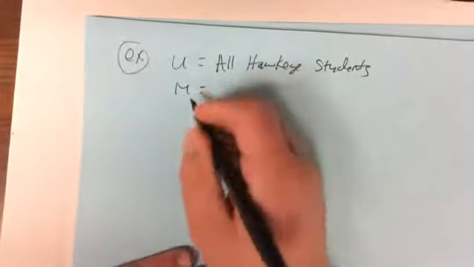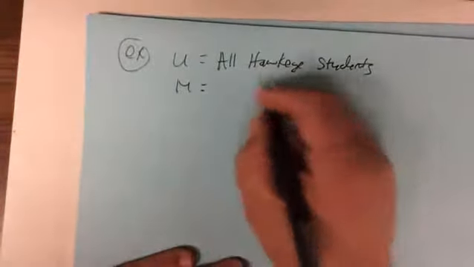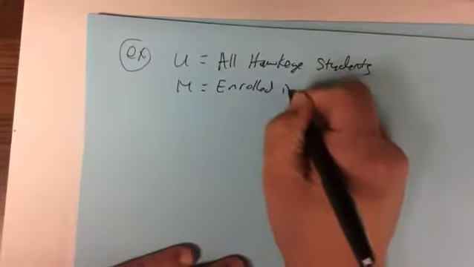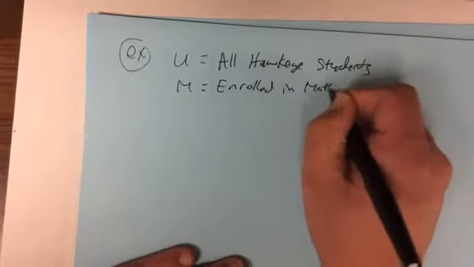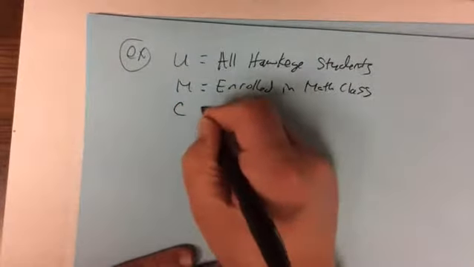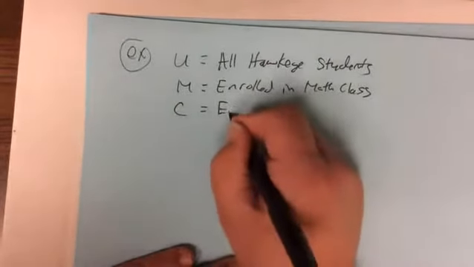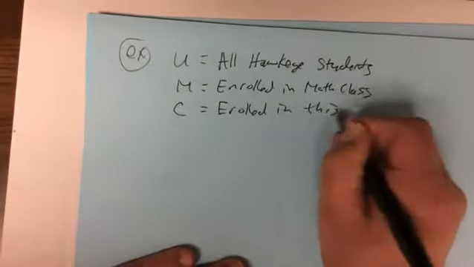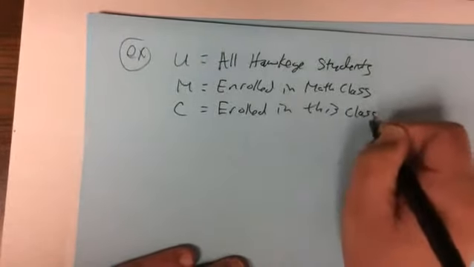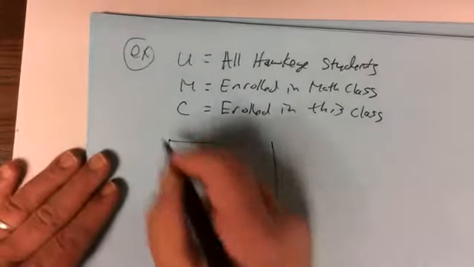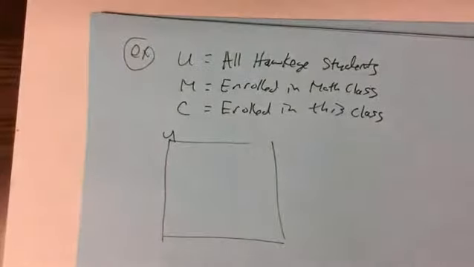M will be all the Hawkeye students enrolled in a math class. And then we'll let C be all the Hawkeye students enrolled in this class. So see if you can diagram what the relationship would be between these sets. If you want, go ahead, pause the video and see if you can diagram the relationship.